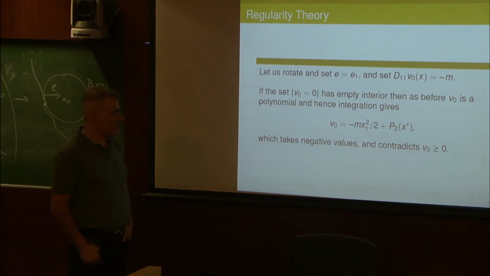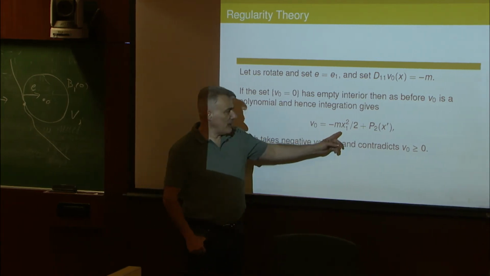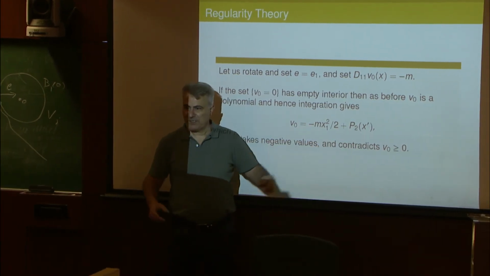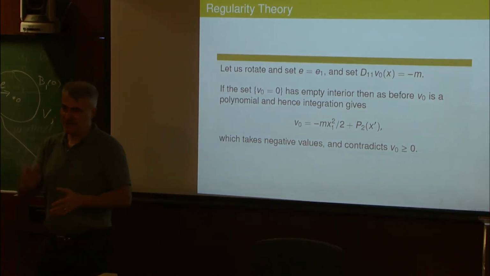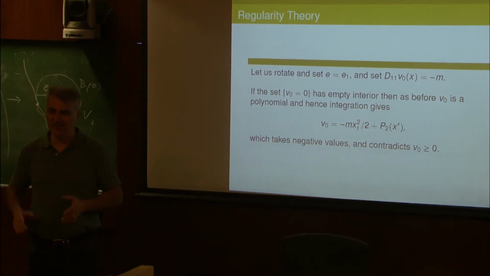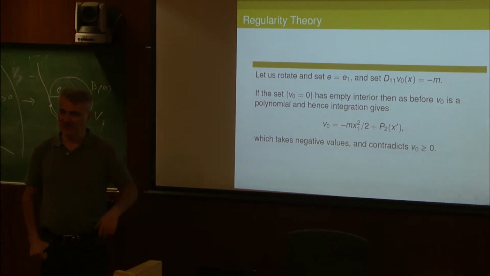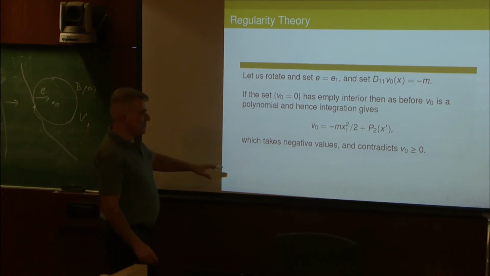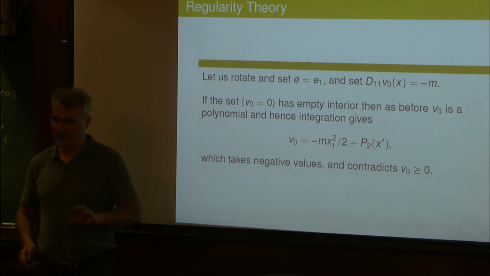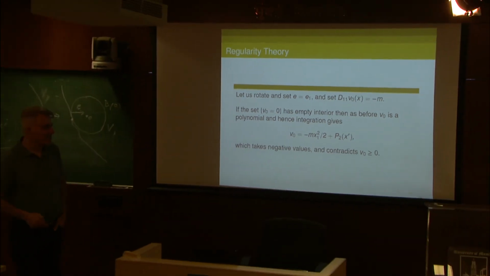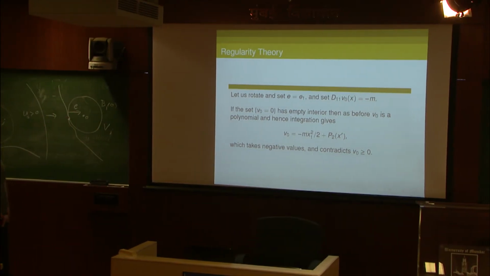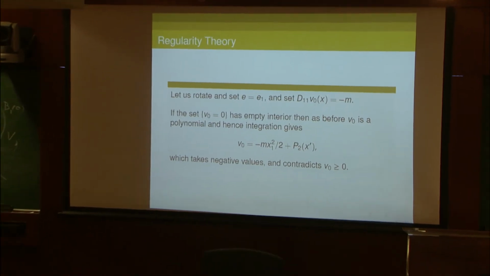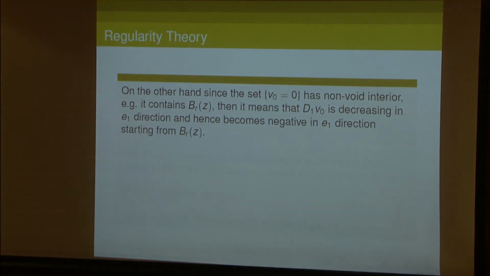Because once you are large with x1 and x prime is bounded, then in that direction you're going to get a negative value. That's not going to work. So that's actually easier. But this still works if you don't have this sign condition that you can still control. So okay, this is a contradiction. So it tells me that I have convexity.